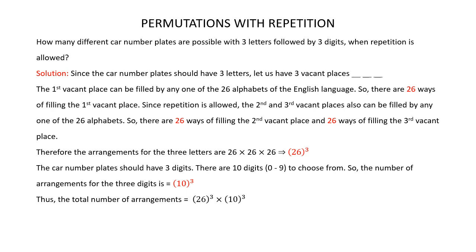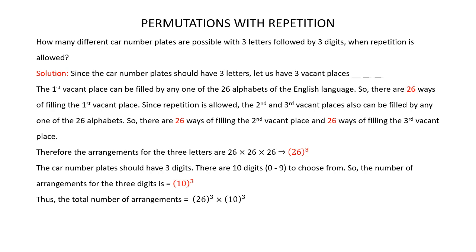Now you can find the 3 letters for the car number plates using the formula for permutations with repetition. Now the formula for permutation with repetition is n raised to the power r, where n is the total number of objects to choose from. Now here there are 26 alphabets of the English language to choose from. So here n is equal to 26 and r is the number of objects to be taken at a time.